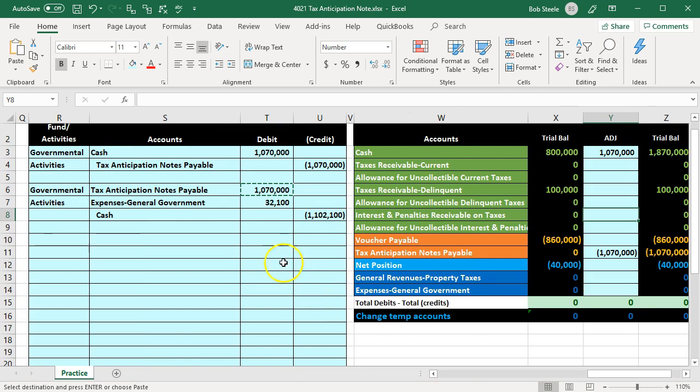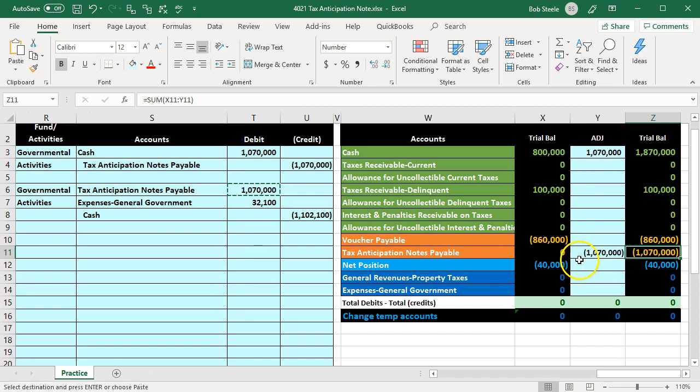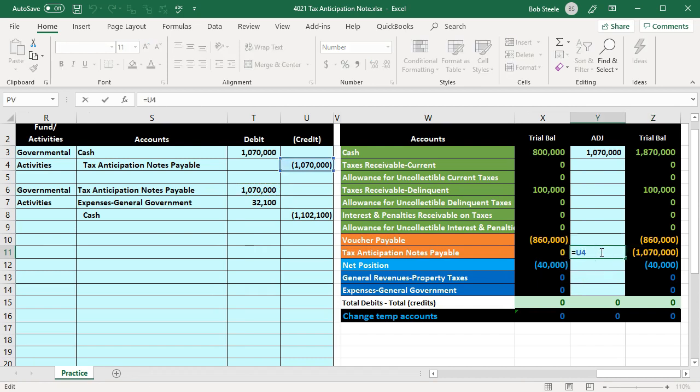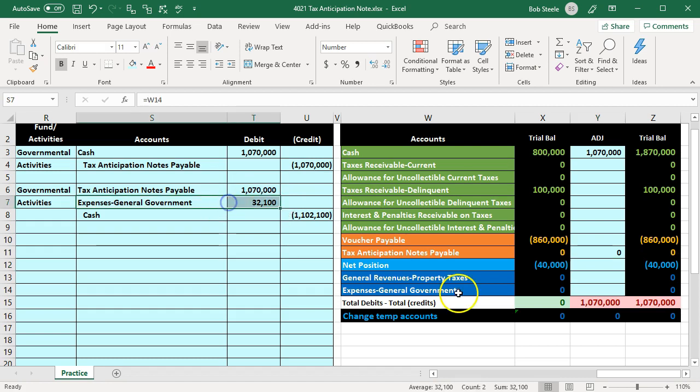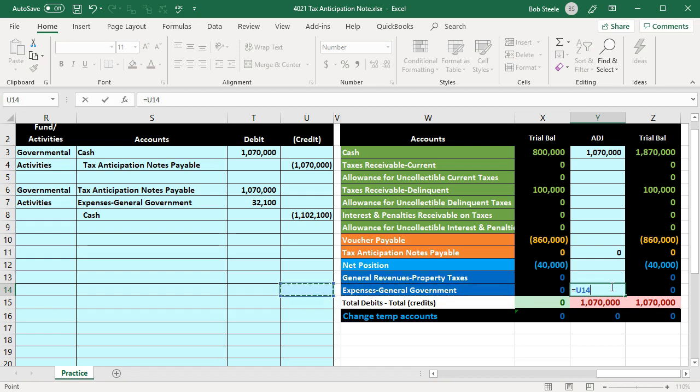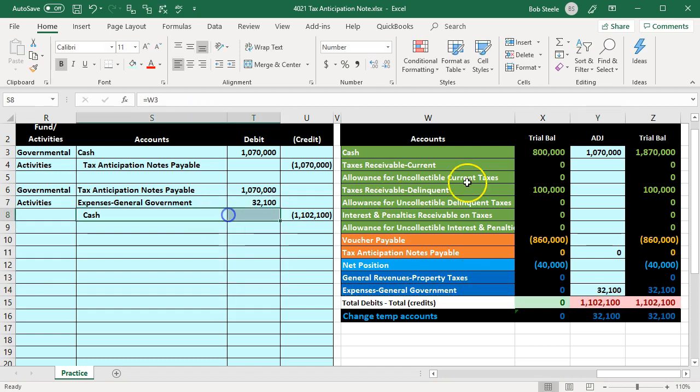And so then we're going to go and post this out. Here's the tax anticipation note. We're going to be in the tax anticipation note. Something's in it. Double click on it. Go to the end of it, plus, and pick up that amount. And then we're going to post the expense. That'll be down here. And the expenses in Y14 equals, and we'll pick up that 32.1. And then the cash, we'll pick up the cash amount in Y3. Double click on it. Go to the end and plus.